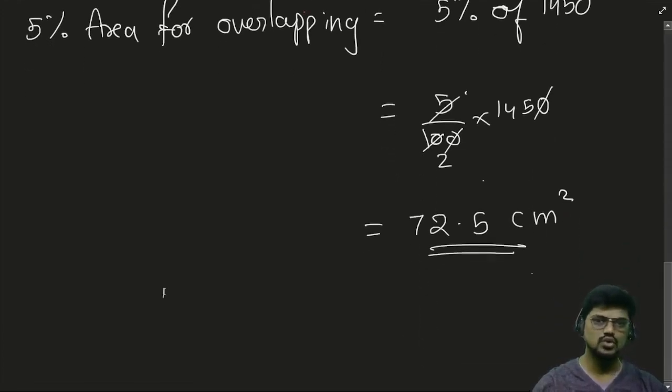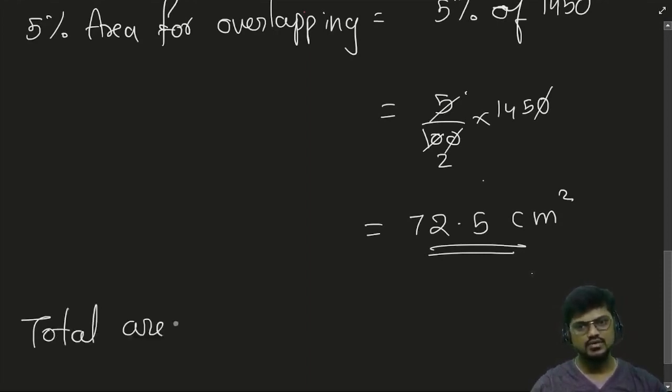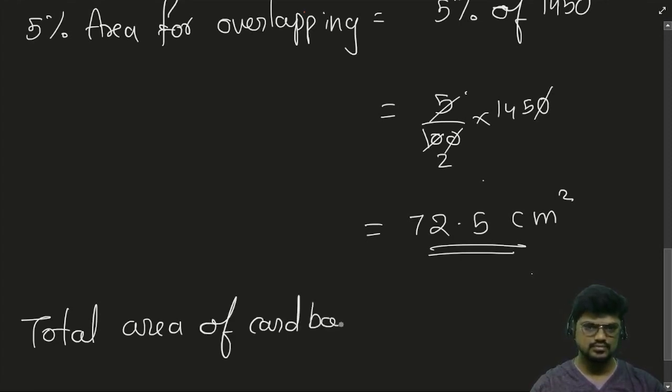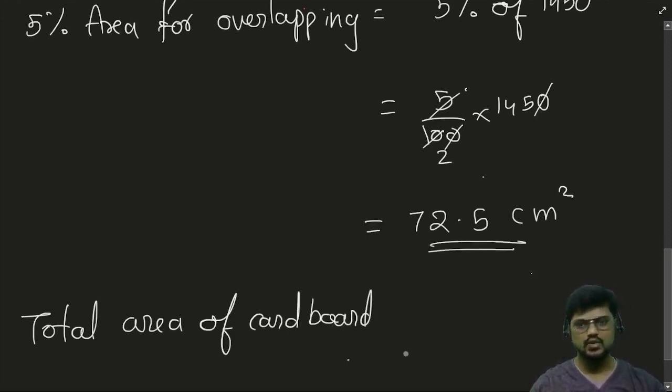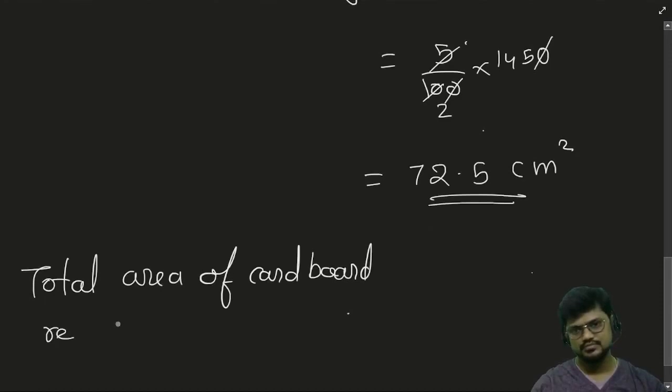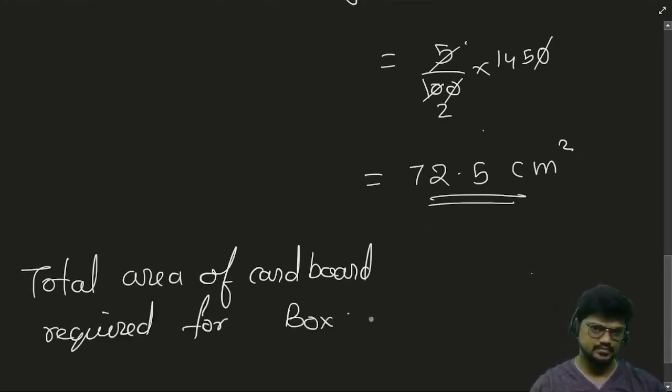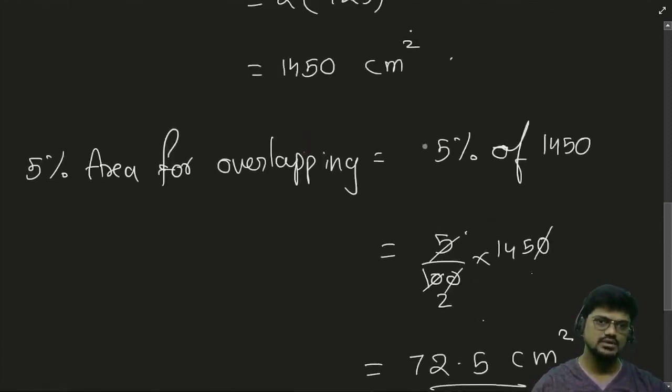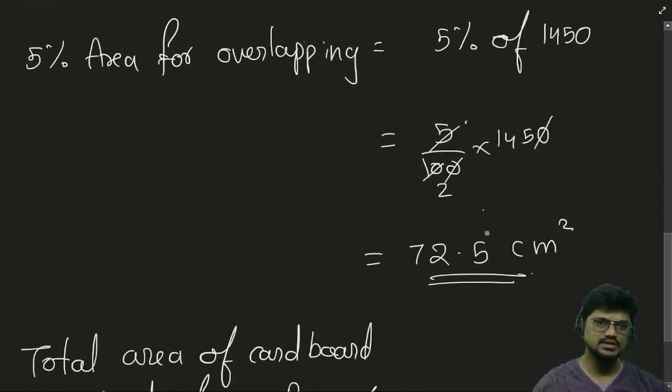So total area required for box 1, so this we have to add to 1450. Yes, that's what. So total area of cardboard required for box 1 will be how much? This 1450 plus 72.5.